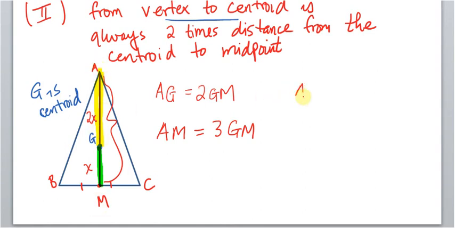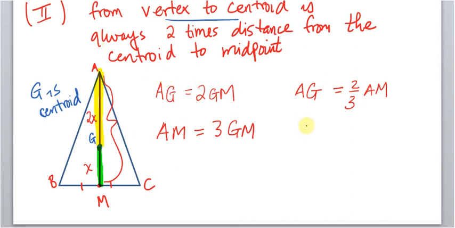AM is 3X and AG is 2X. So AG is exactly 2/3 of AM.